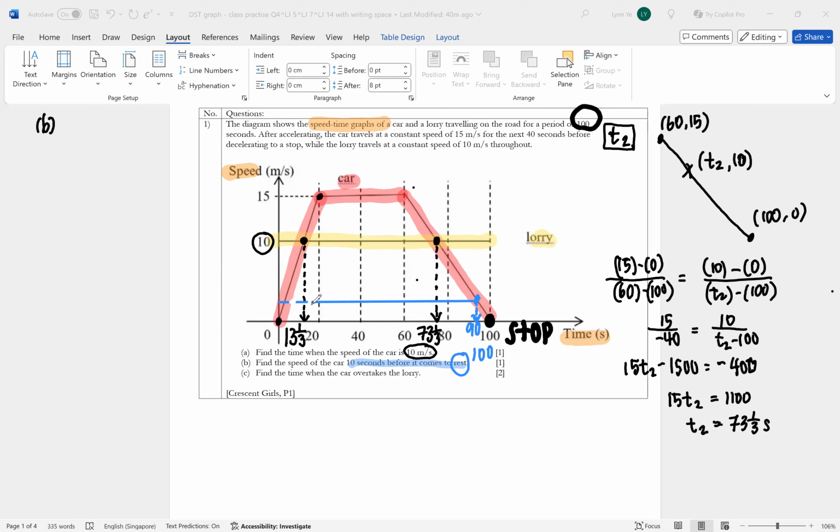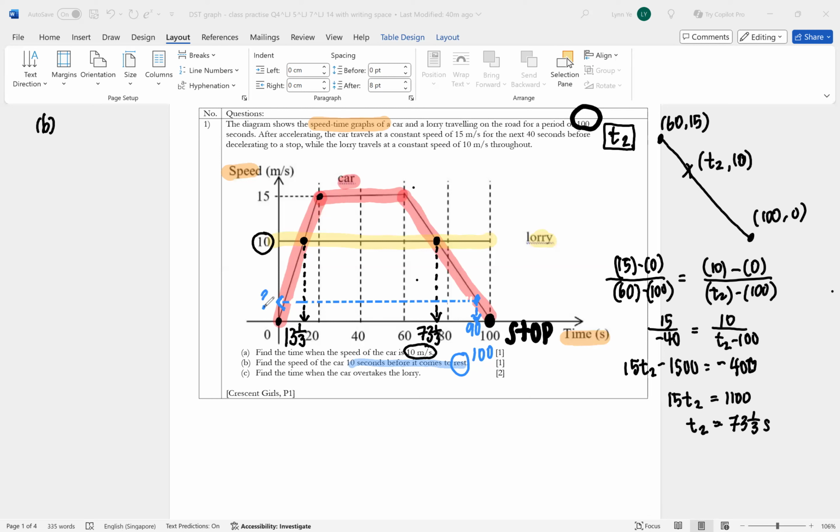So let me make it dotted. So all the dotted line goes all the way until you need to find the speed. So for speed, I'll put a question mark. So this is the speed that I want to find.